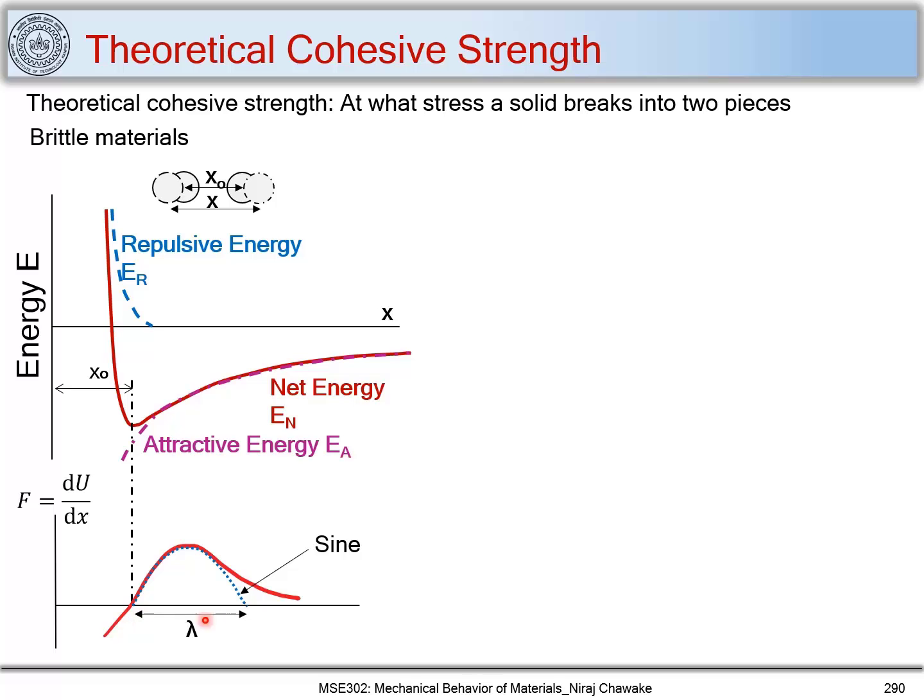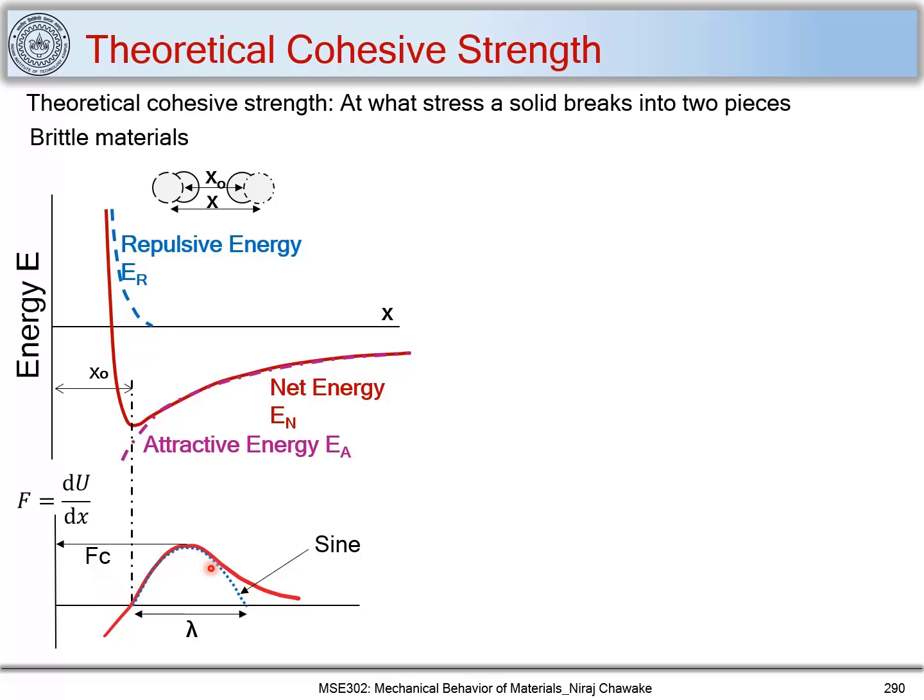I call this distance lambda: if I move x by lambda here, the material will fail at this location of x. And this is a maximum force or critical force that I have to cross so that the material will fail.